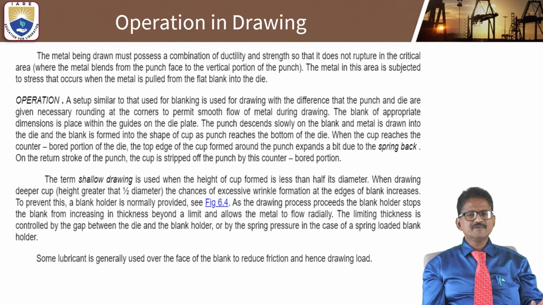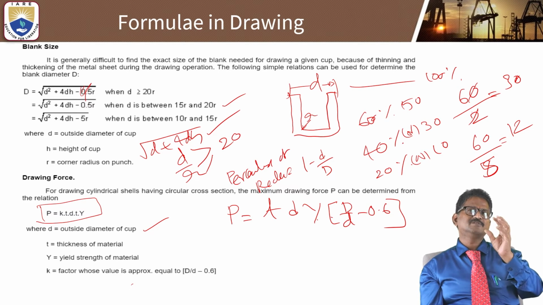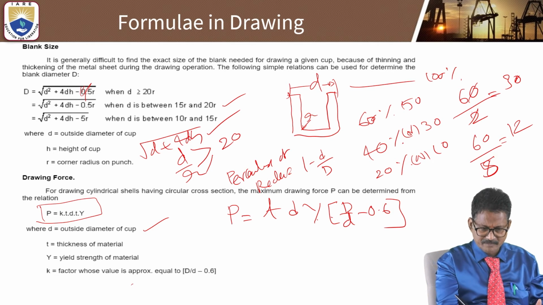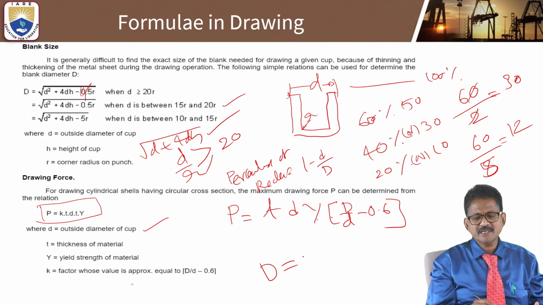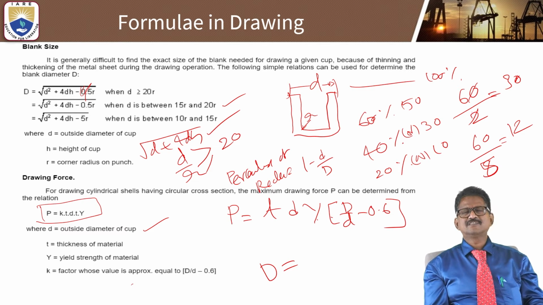Similarly, this is how we determine the blank size, or blank diameter capital D. Capital D can be easily determined by a simple formula: root of d square plus 4dh.